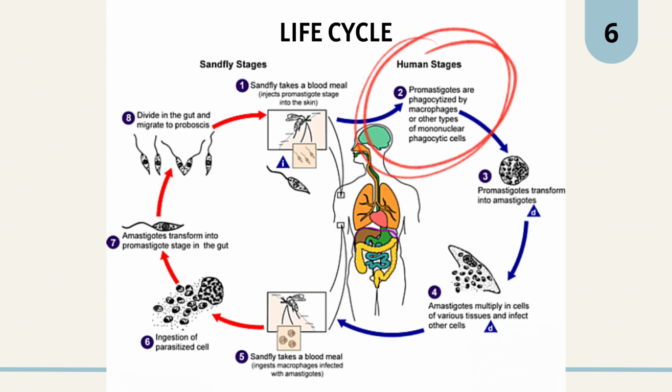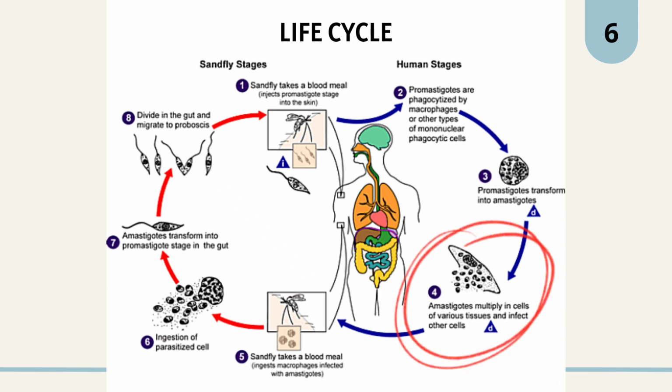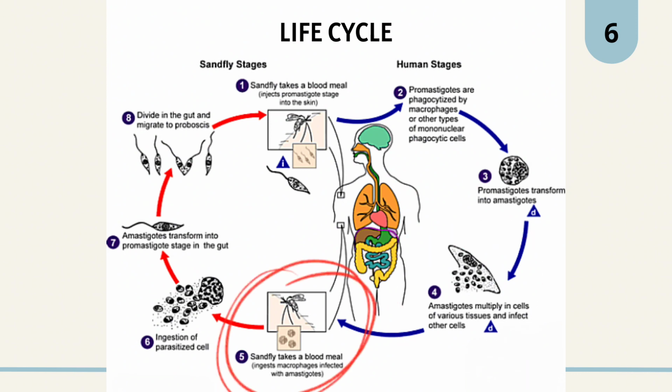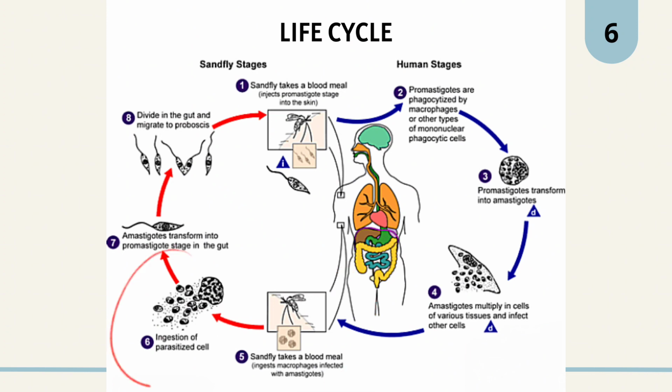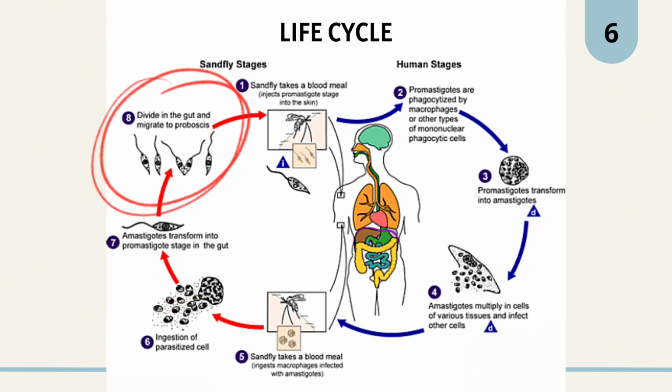Inside the host phagocytes, promastigotes transform into amastigotes, multiply, and eventually rupture the host cell, releasing new amastigotes to infect other cells. When the sandfly feeds again, it ingests these amastigotes, which then transform into promastigotes in the sandfly's gut, completing the cycle.